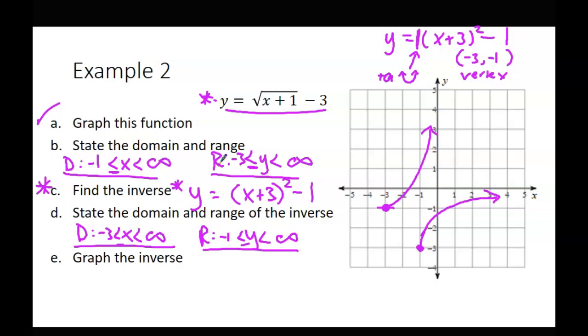So we did quite a bit there. Let's review. First of all, we graphed it. That shouldn't be a stumbling block because that's just a review question. Domain and range, same thing. Finding the inverse, you guys did really good with it on the last slide, so I don't think you're going to stumble there. Domain and range of the inverse, I think you'll get that because it's just a matter of switching.